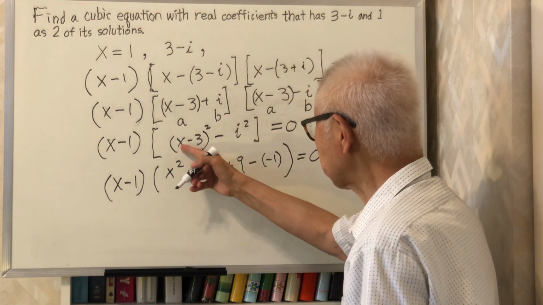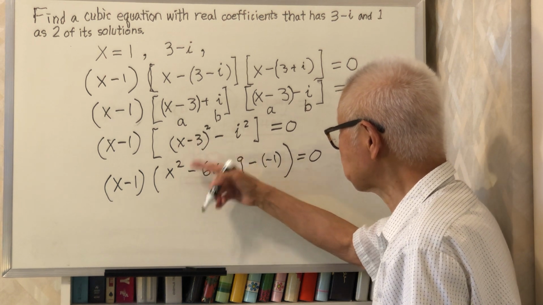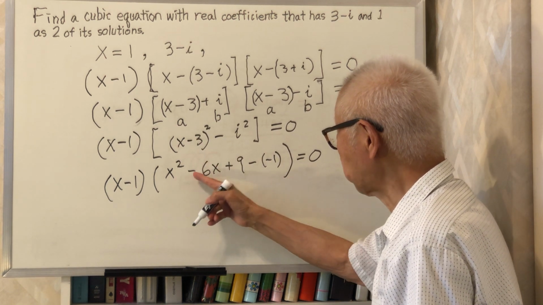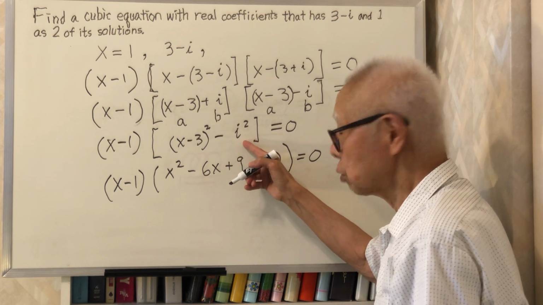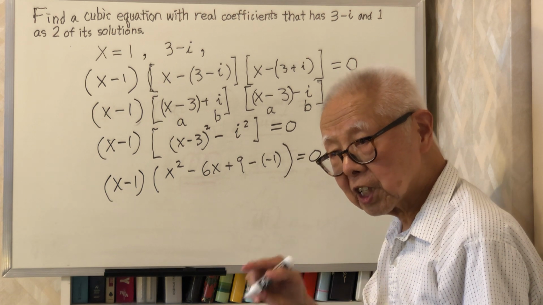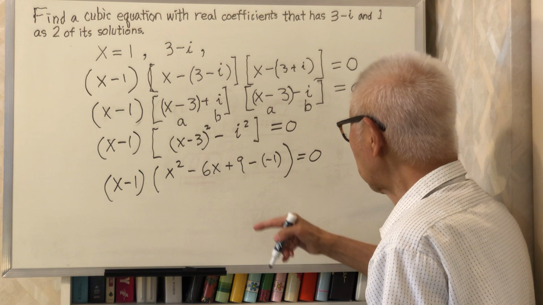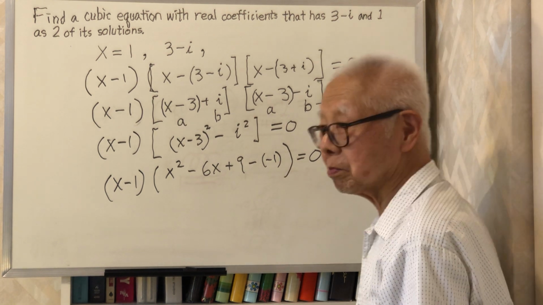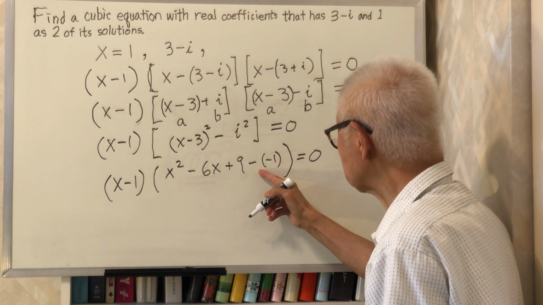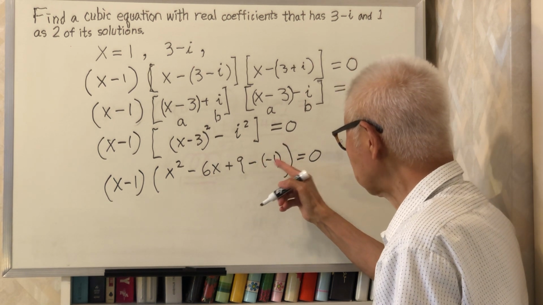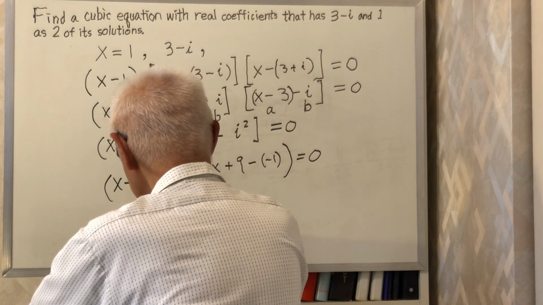Okay, this I expand, x minus 3 squared. This part is x minus 3 squared. A squared minus 2ab plus b squared, minus i squared. Remember, i squared is negative 1. So I have minus negative 1, which is essentially plus 1. So 9 plus 1 is 10. So I have this.